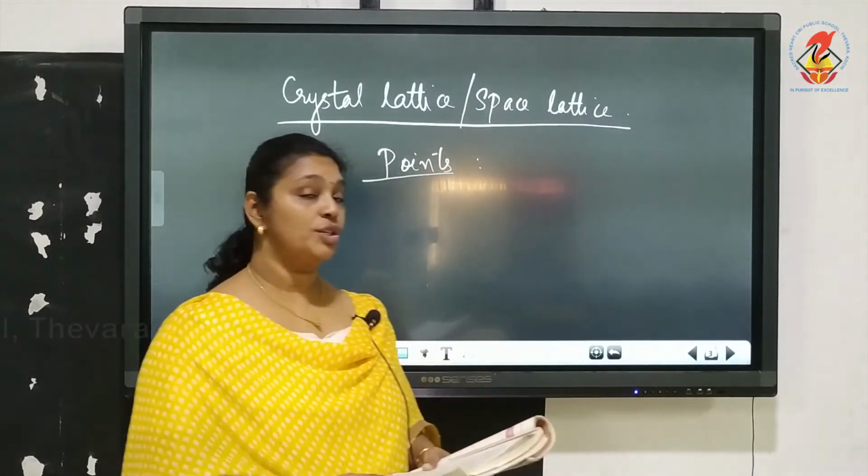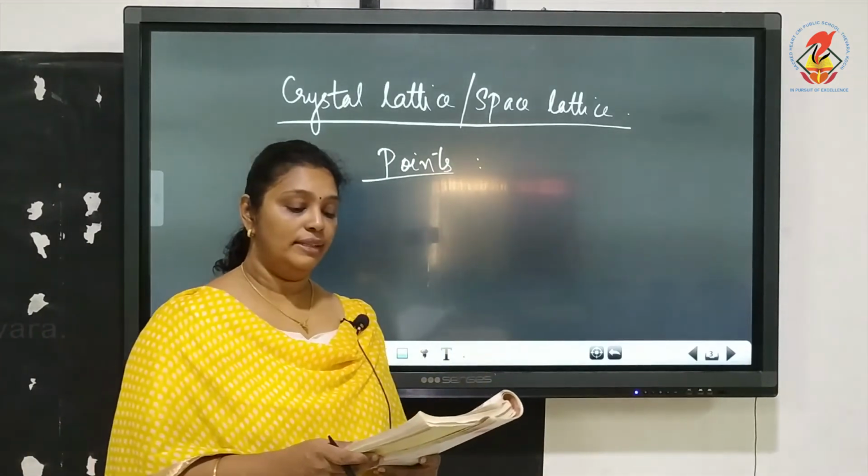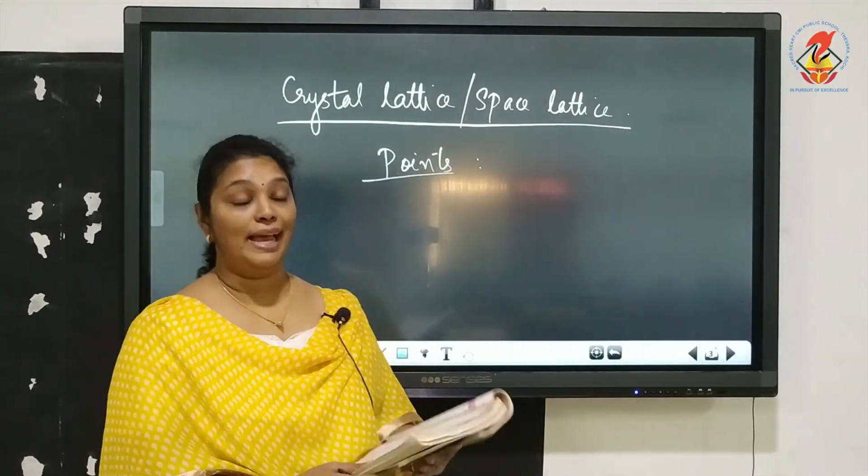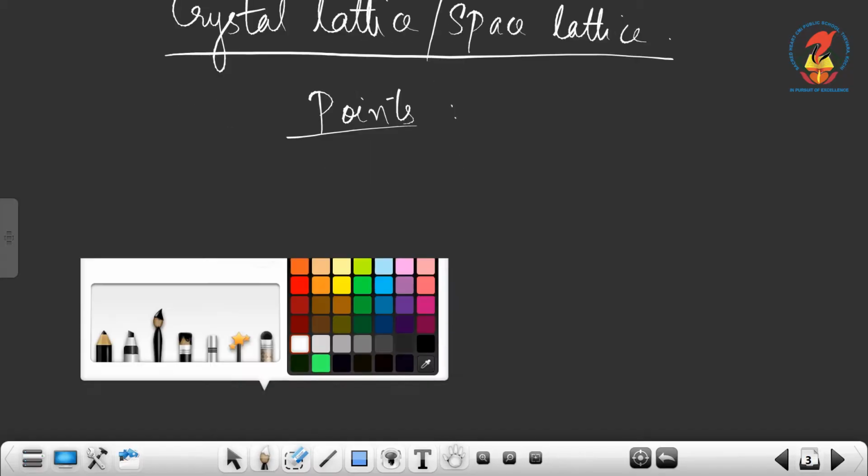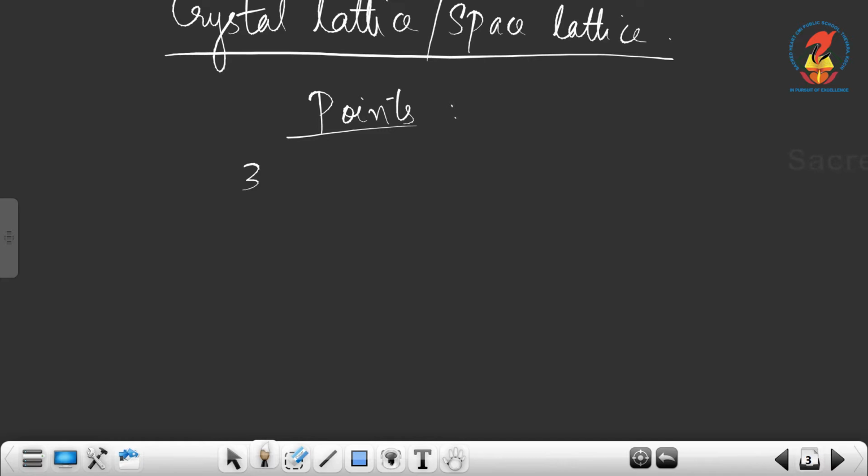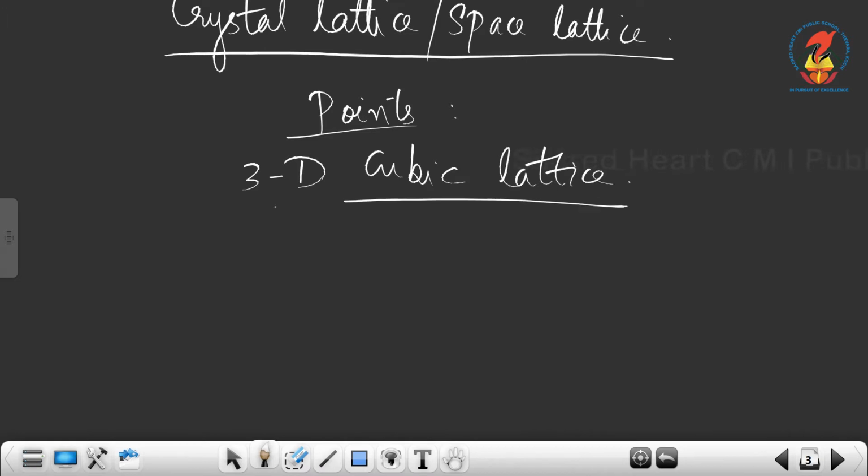And I am going to show a portion of a three-dimensional cubic lattice. So when I say three-dimensional cubic lattice, it will have the shape of a cube.